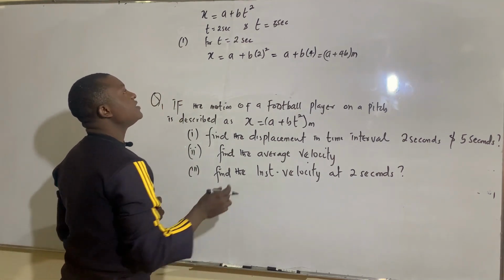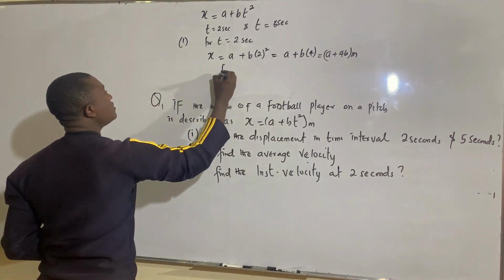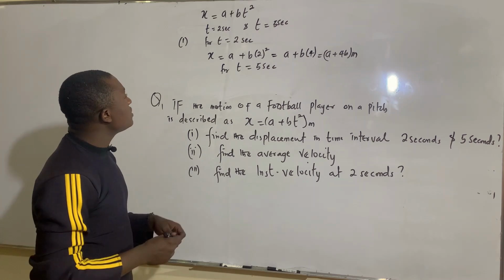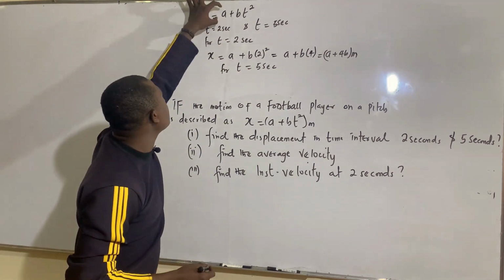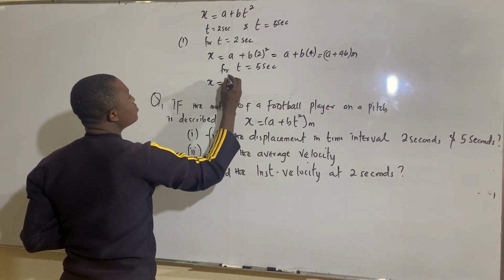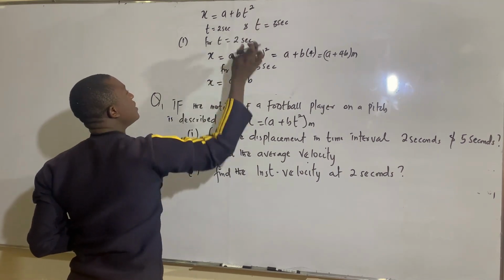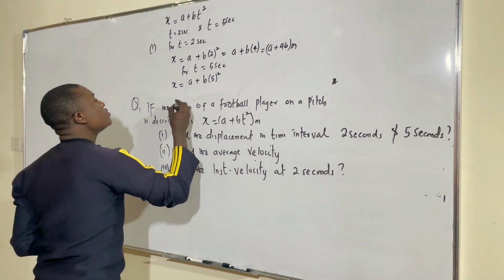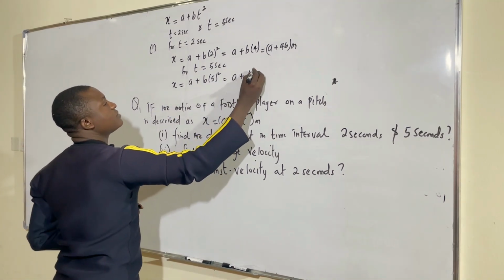The second one, they said when the time is 5 seconds. So how are we going to go about that? For t to be 5 seconds, in that equation, whenever I see t, the value of my t should be 5. So we have x equals a plus b times 5 squared. 5 squared simply means 25.